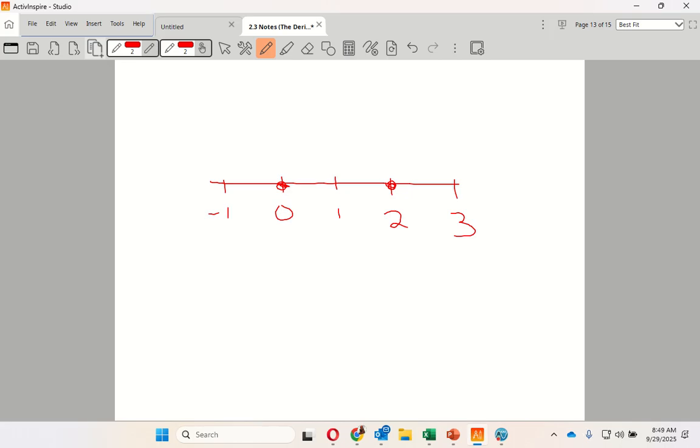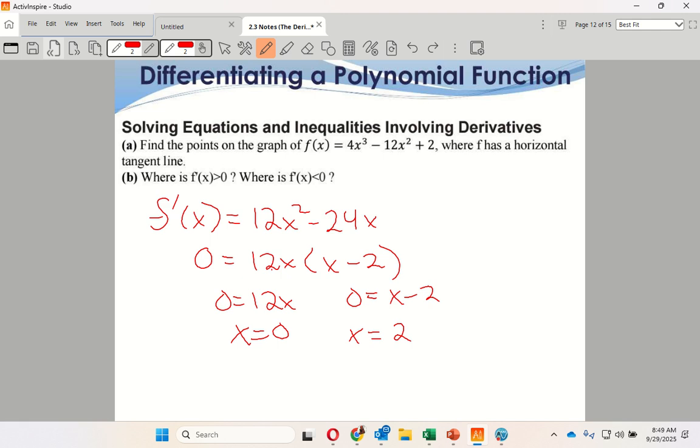So if it's a positive slope, I know that it's going to be increasing up until this point right here, right? And if it's a negative slope, it would be decreasing to this point right here. So let's check -1. So my derivative was 12x squared. Actually, let's do this right here. 12x, x minus 2.